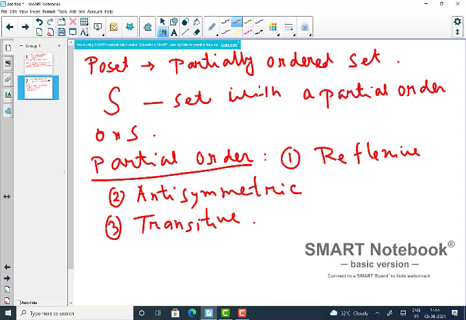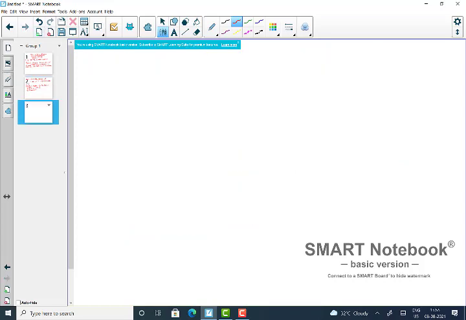Now we understand what a poset is, but what is a chain? Some people also call it a totally ordered subset, but let me just call it a chain.